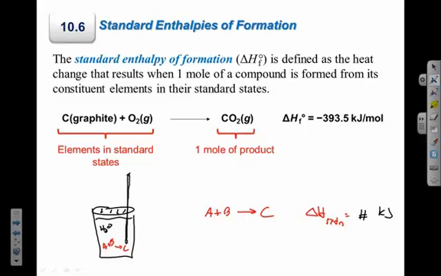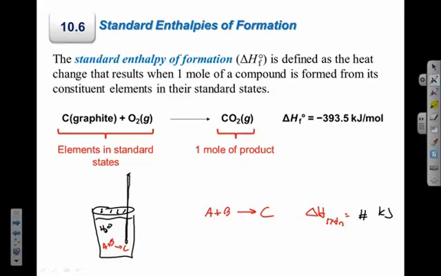How do I know how many kilojoules was exchanged between the reaction and the surroundings? If it's a coffee cup, I use water. If water is the surroundings, I know how much the temperature changed for the water, and I use the specific heat to convert that into the amount of energy in kilojoules.